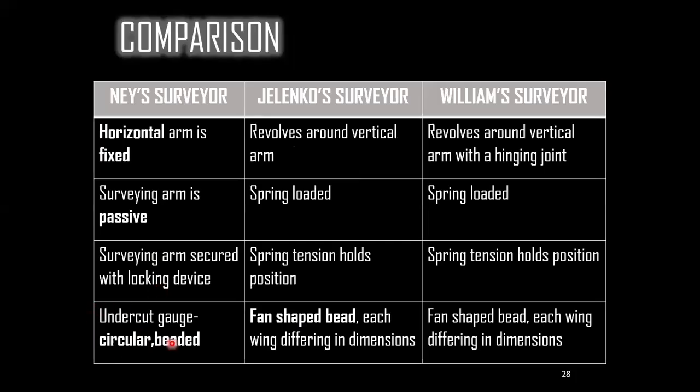The other main difference is your undercut gauge. In your Ney surveyor, you have three different undercut gauges, which are circular and beaded. In your Jelenko surveyor, you will have one undercut gauge, which has three different leaves or fan extensions. Each wing will measure a different undercut.